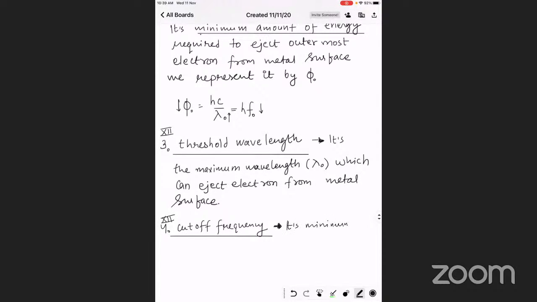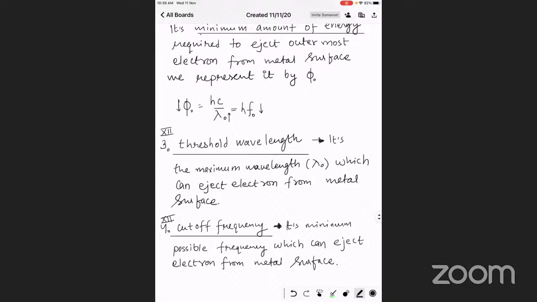It is minimum possible frequency which can eject electron from metal surface.